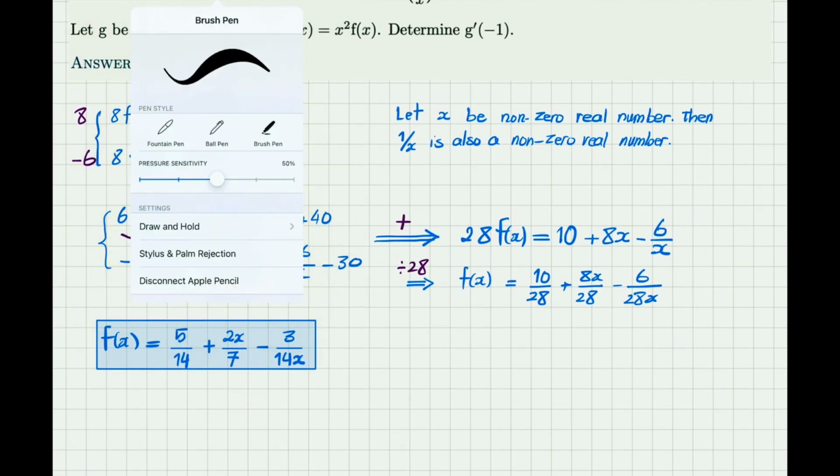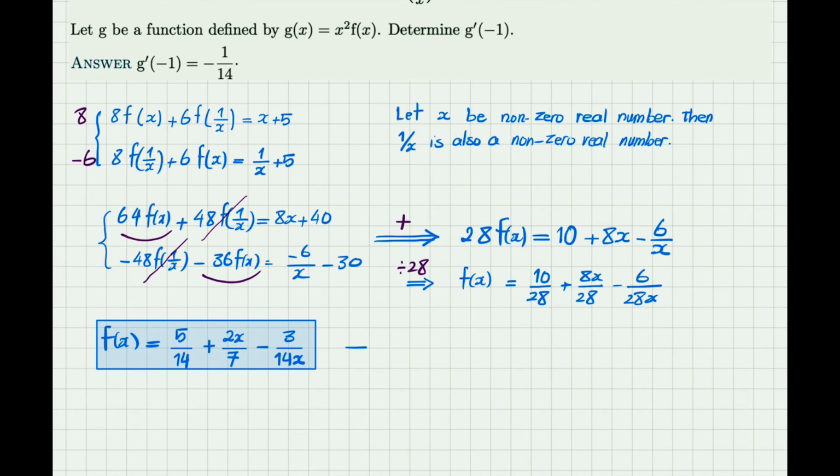Then I can find what is g of x. So g of x is simply x squared multiplied by this. So this term should be multiplied by x squared. It will give me 5 over 14 x squared. The next one should be multiplied by x squared, so it becomes 2 over 7 x cubed.